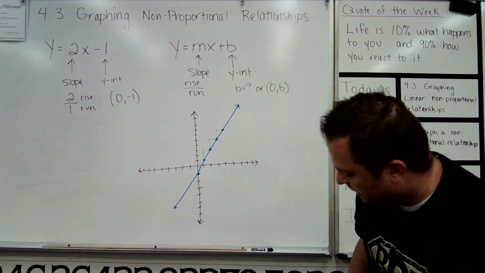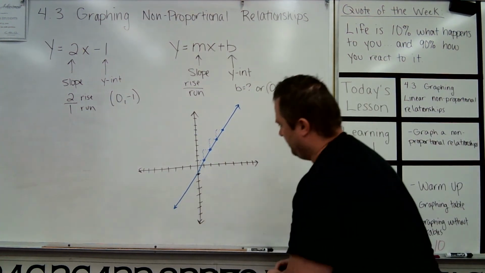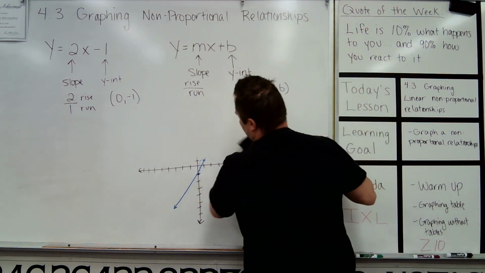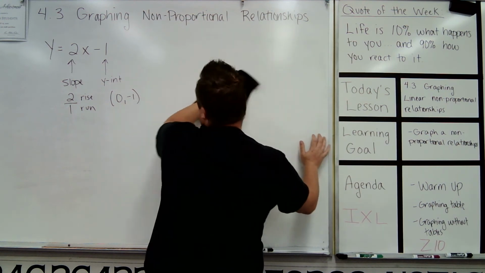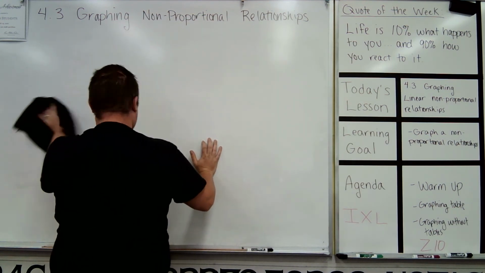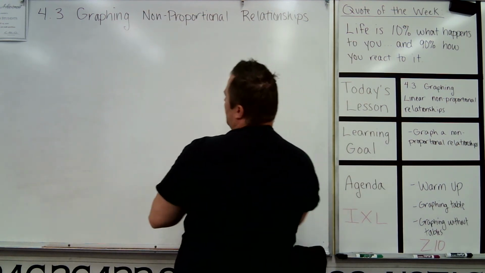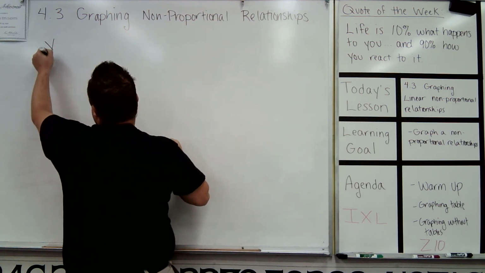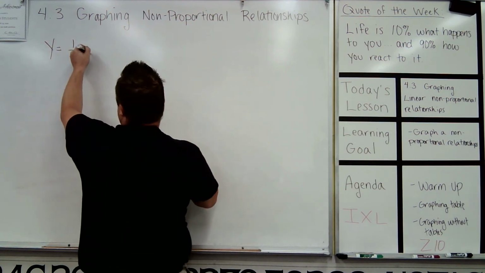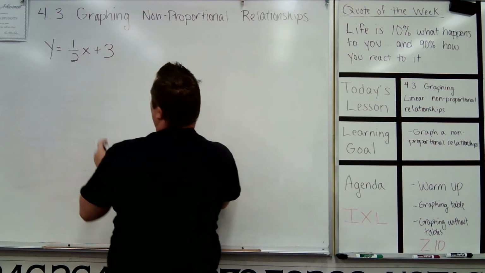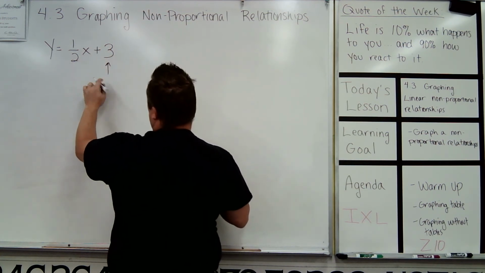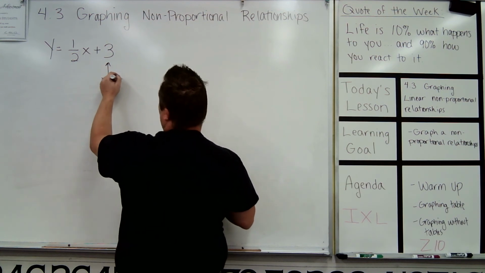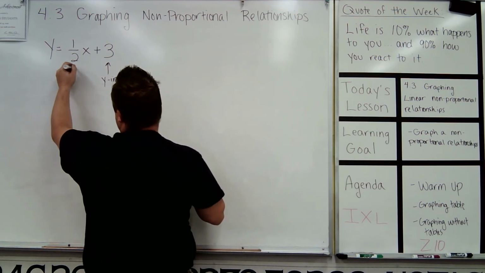Okay, well, let's look at the other example that we did. Let me erase this here. The other example that we did was y equals 1/2 x plus 3. Well, the 3 is going to still be my y-intercept, and the 1/2 is going to be my slope.